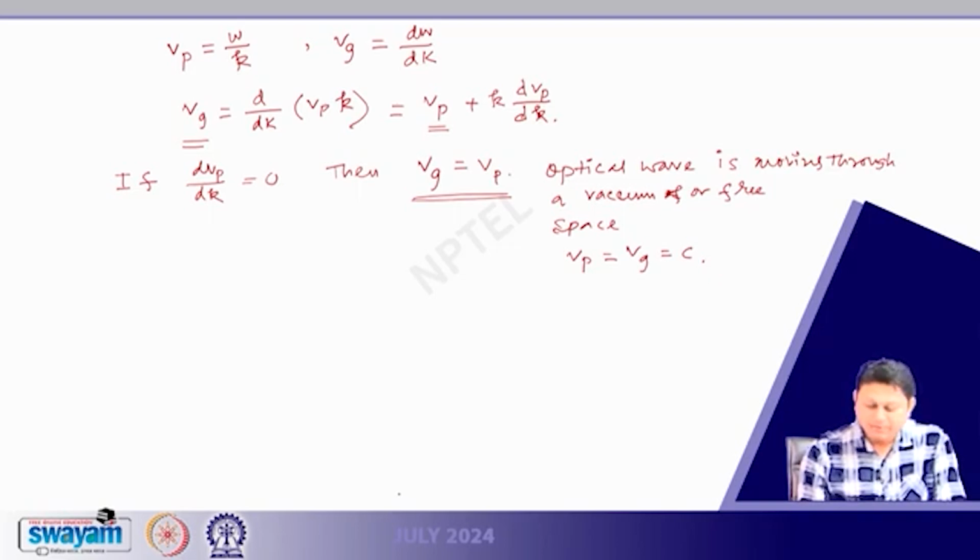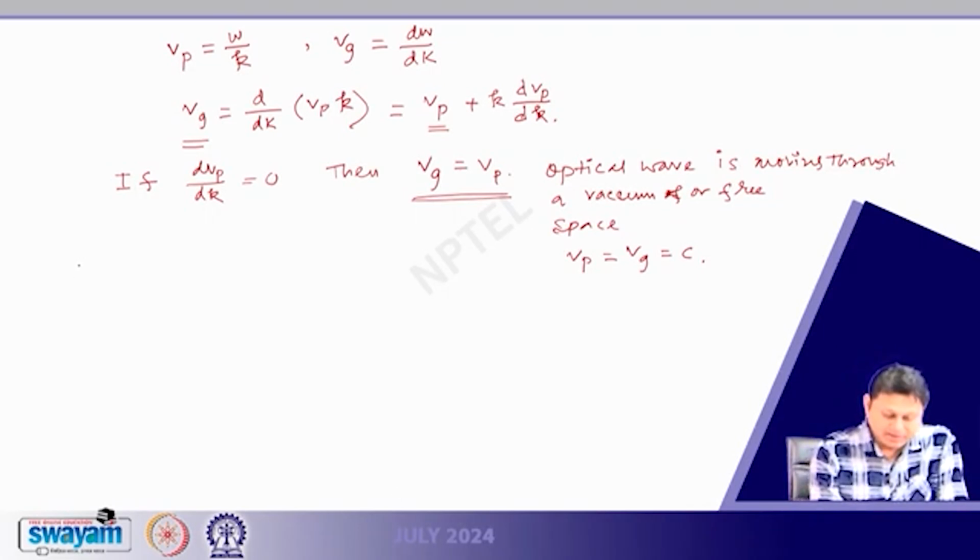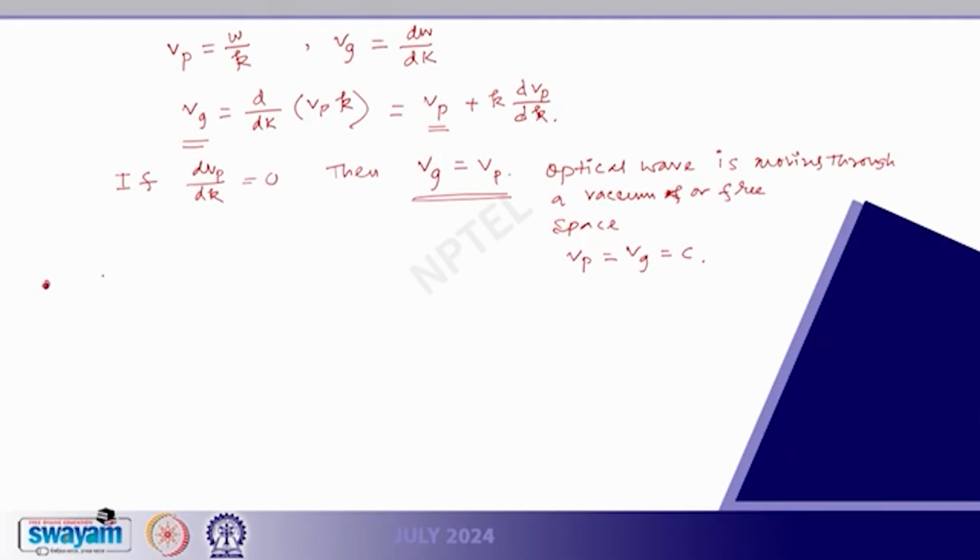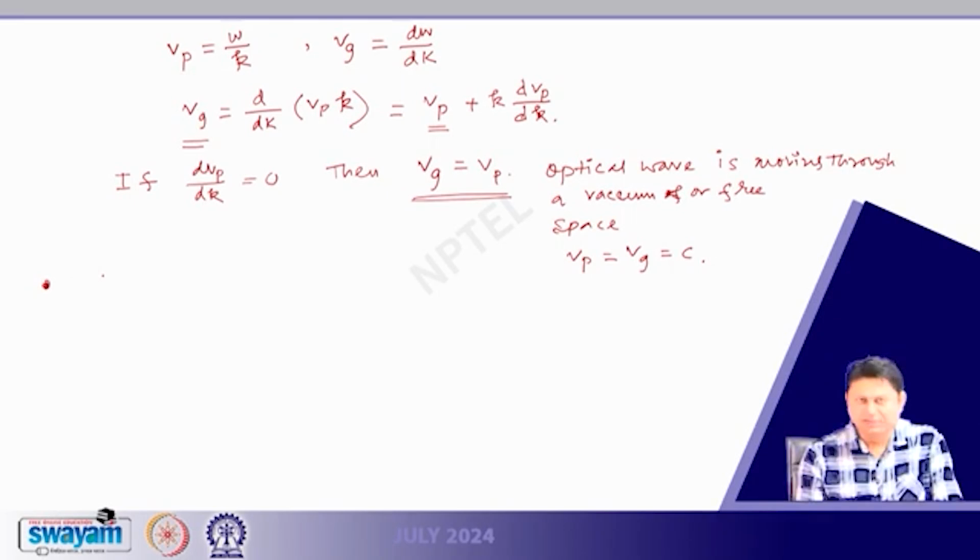But the problem is completely different when we have a dispersive medium. So what is the meaning of dispersive medium? That means we have a medium with a refractive index more than 1.